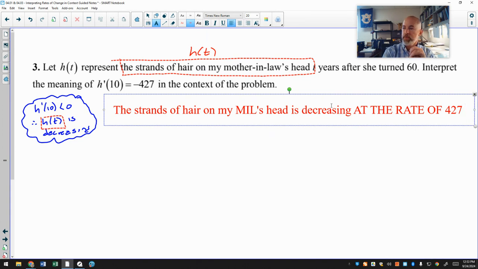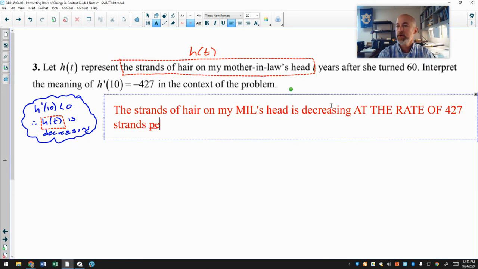The strands of hair on my mother-in-law's head is decreasing at the rate of 427, and this is a unit for H prime. That would be your dependent variable over the independent. That would be strands per year. So I've talked about the function is decreasing at the rate of. I've explained what 427 is with proper units.